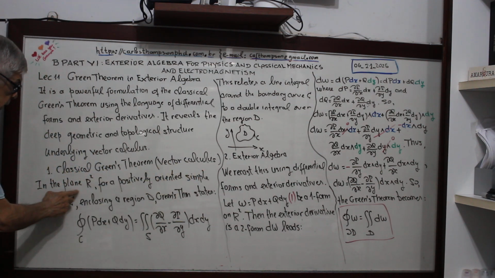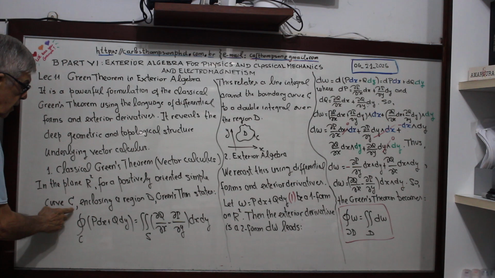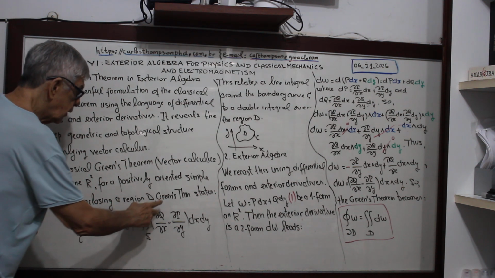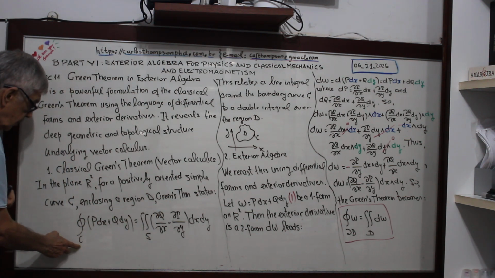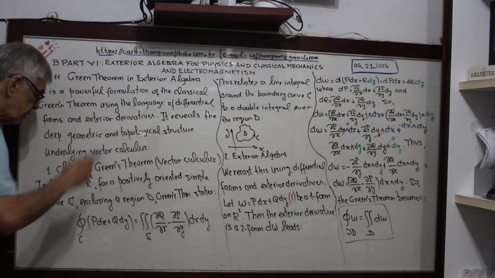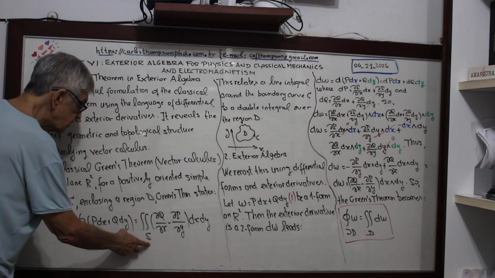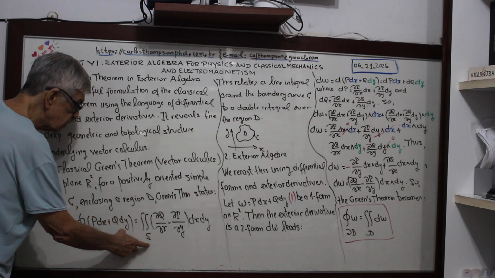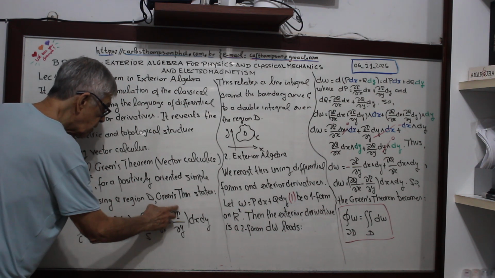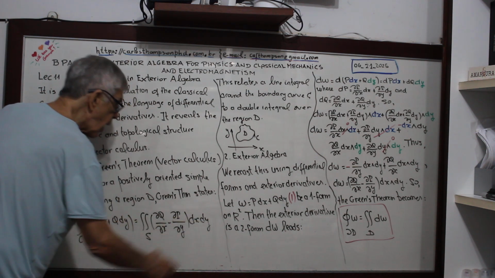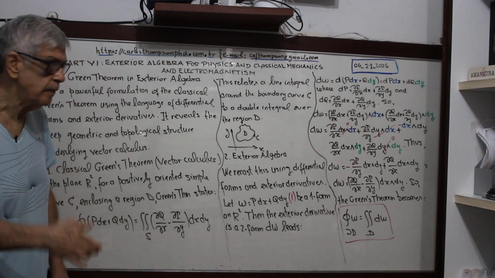In the plane R2, for a positively oriented simple curve C enclosing a region D, Green's theorem states that the integral on C, a path integral, of P dx plus Q dy equals the integral on the region D of the partial of Q with respect to x minus the partial of P with respect to y, dx dy. dx dy is the area element in the xy plane.